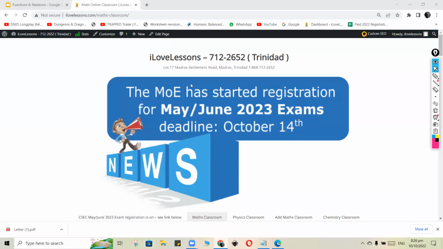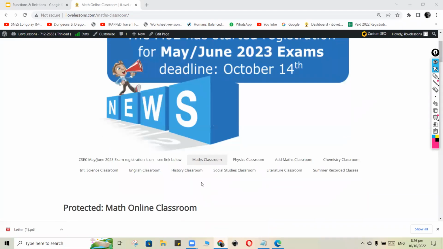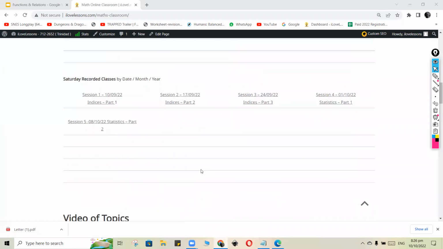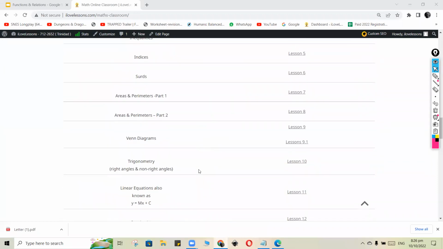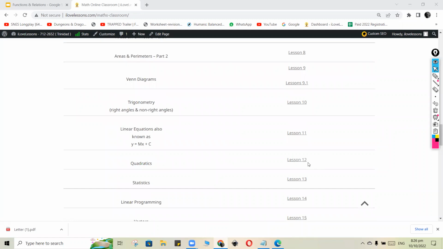So the homework is officially to go to the maths classroom, and we are looking for lesson 12. Make a note, lesson 12, that's quadratics, but I don't want you to do the whole of quadratics as yet. It's just one video inside lesson 12.